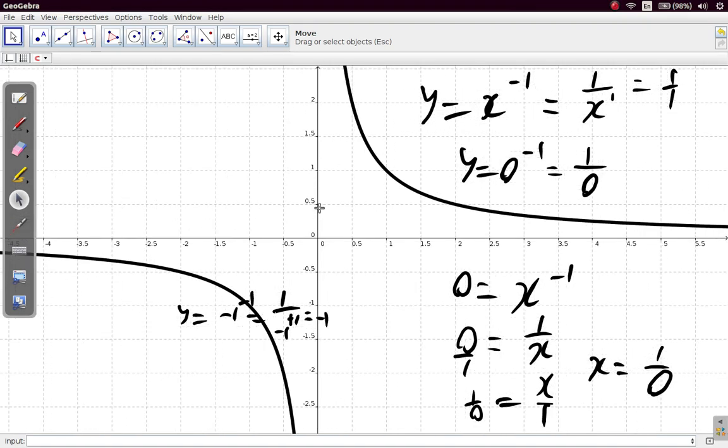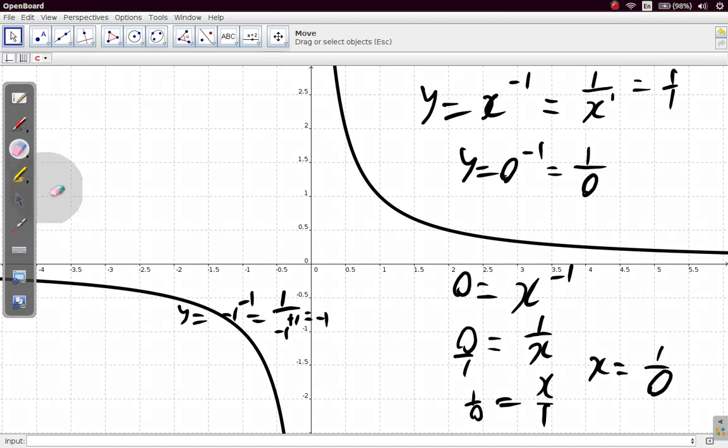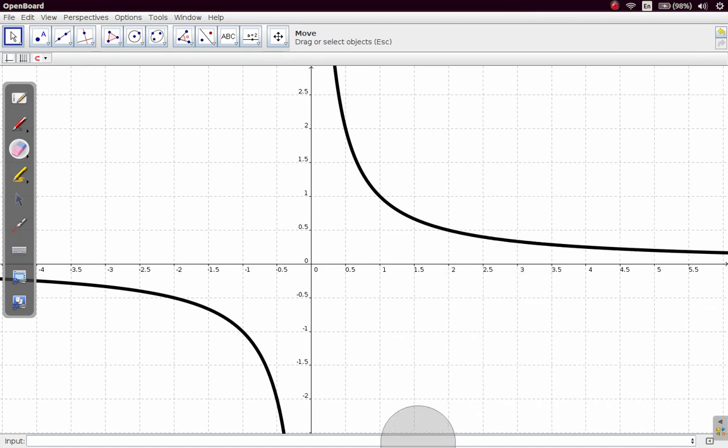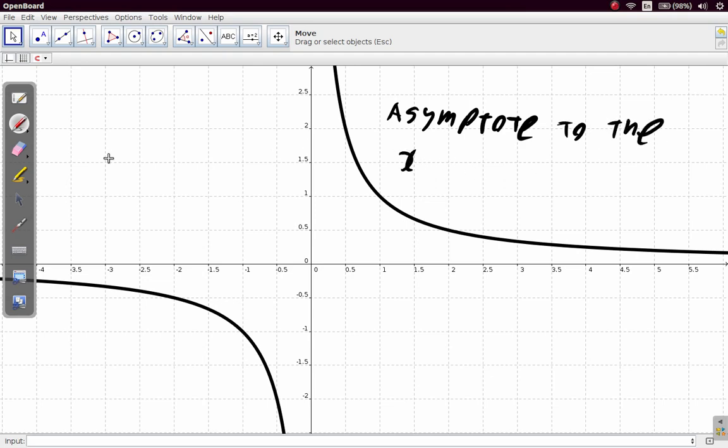Now, there's a certain name for this. Since the curve gets closer and closer to the y-axis but never touches it, never crosses it, then the curve is an asymptote to the y-axis.